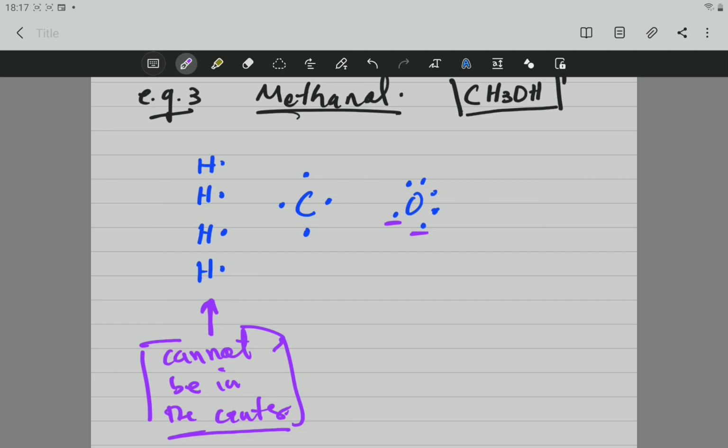So how can I form this one? It's tricky. Let's have carbon in the center. And let's give 3 spaces for hydrogen: 1 for one hydrogen, 1 for the other hydrogen, 1 for the other hydrogen. And I have 1 left. If I place another hydrogen there, then oxygen is out. So I cannot place hydrogen here.